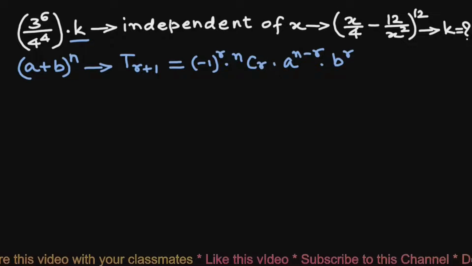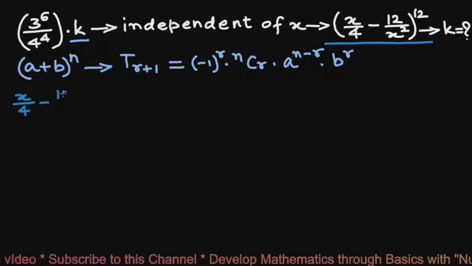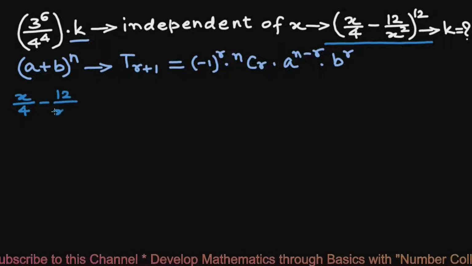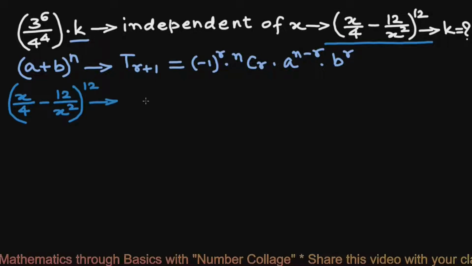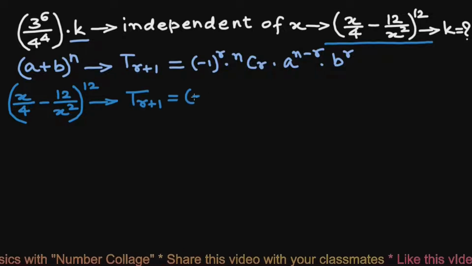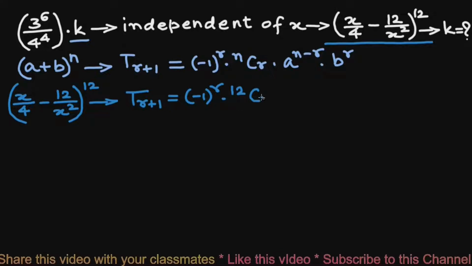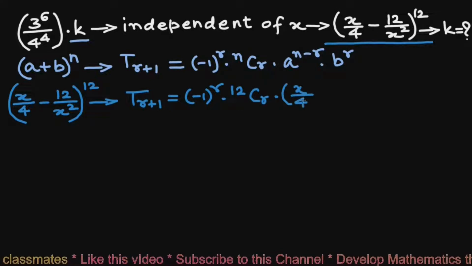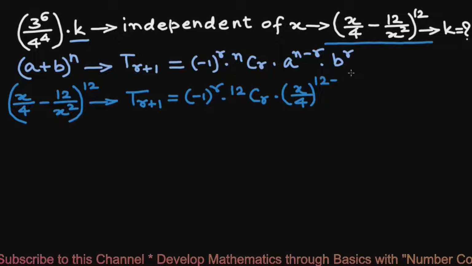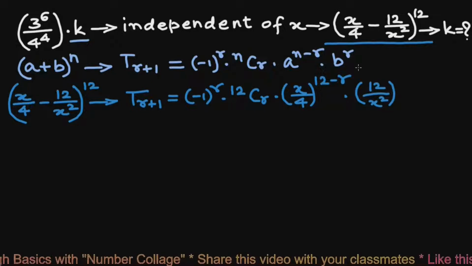Accordingly, we write the expansion of (x/4 - 12/x²)^12, and its (r+1)th term will be (-1)^r times 12Cr times (x/4)^(12-r) times (12/x²)^r.